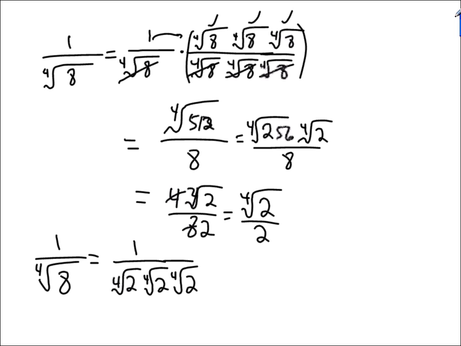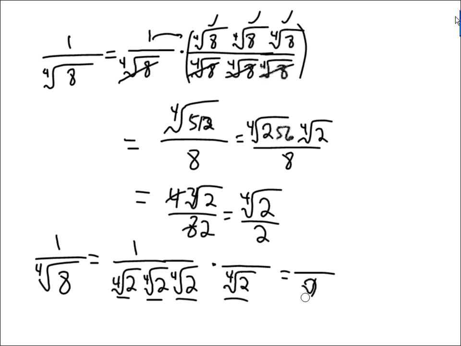But I want to change the way this looks. I don't want any radicals in the bottom. So I multiply by 1. Of course I'm going to multiply by the fourth root of 2, because then I have it 4 times, and I'll just get 2 in the bottom.